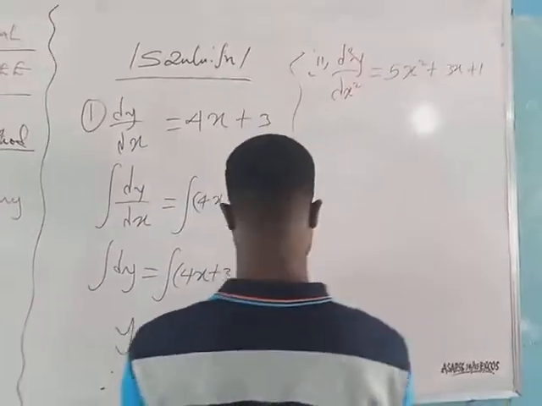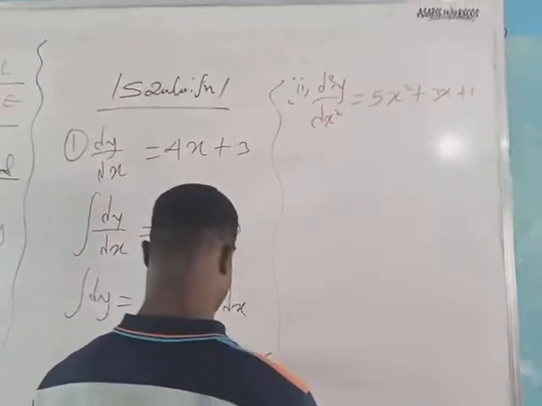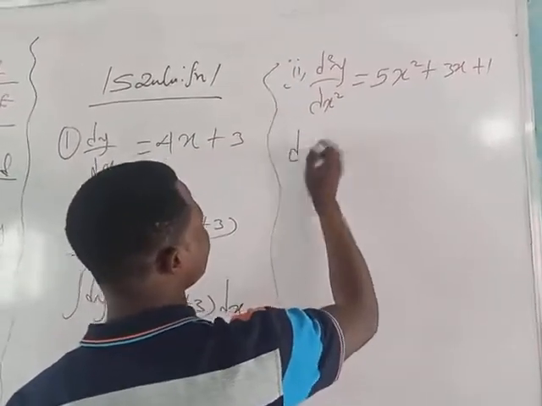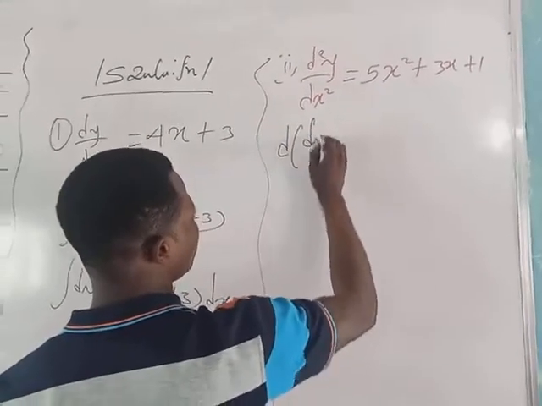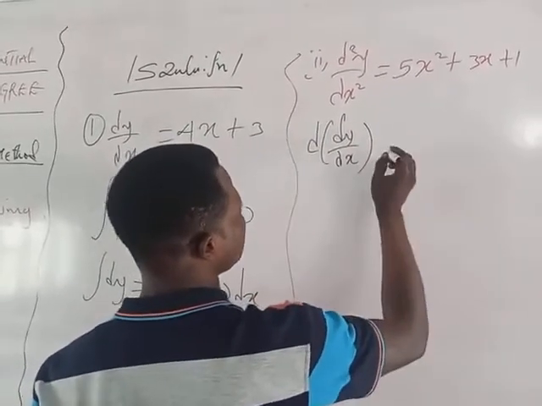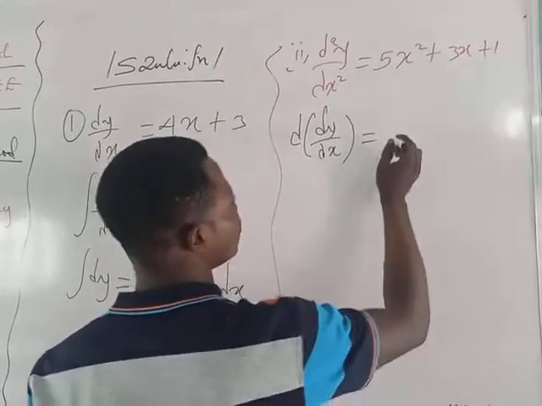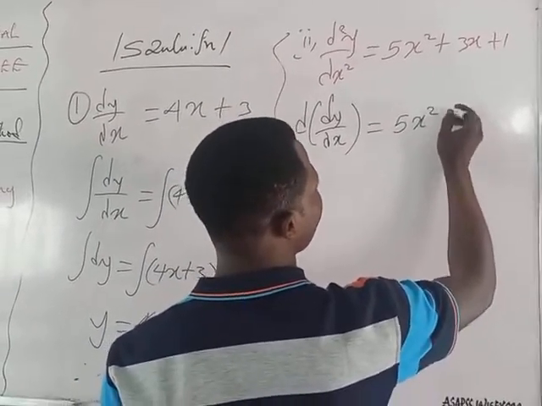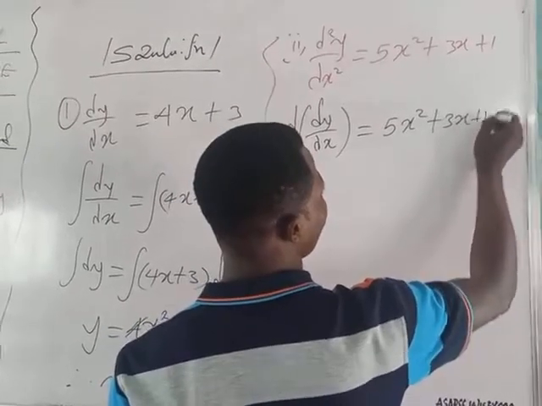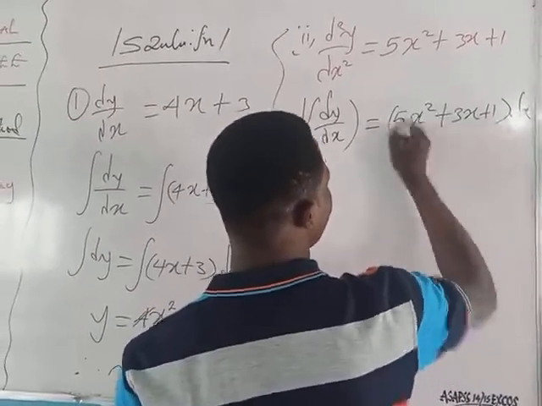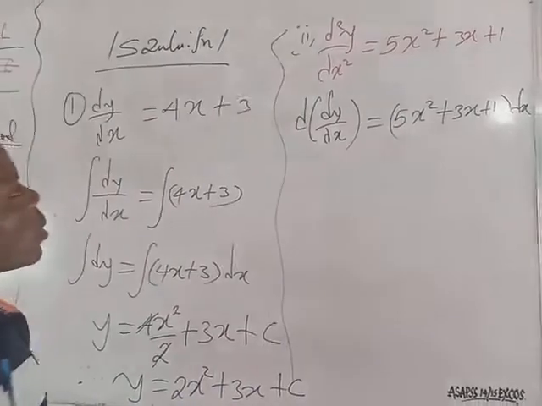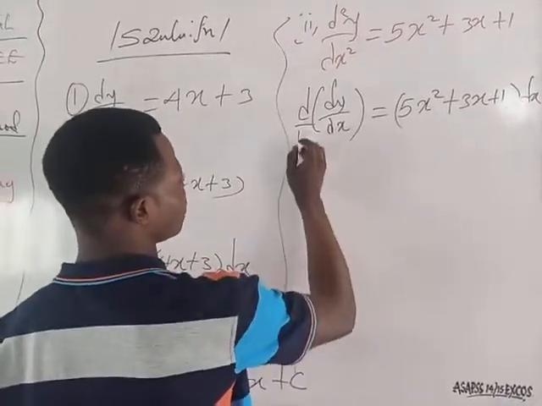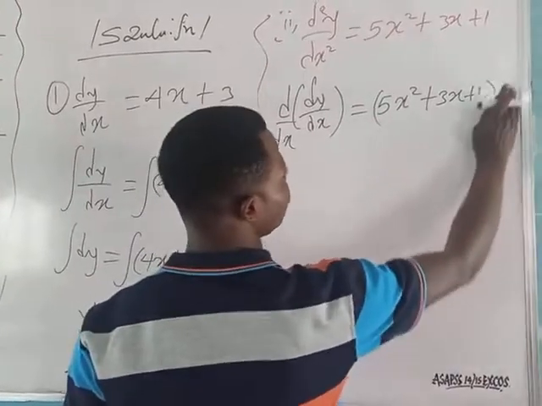We can also write this as d²y/dx² equal to 5x squared plus 3x plus 1 with respect to x.